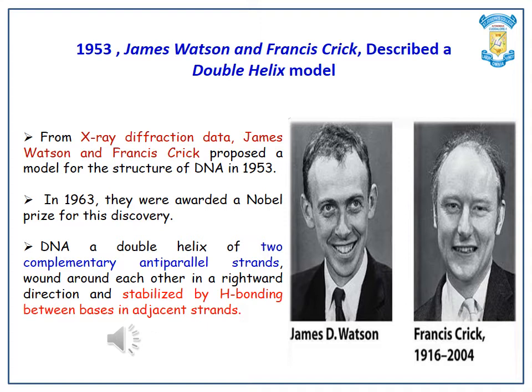In 1963, they were awarded a Nobel Prize for this discovery. DNA is a double helix of two complementary antiparallel strands that surround each other in a rightward direction and are stabilized by hydrogen bonding between bases in adjacent strands.